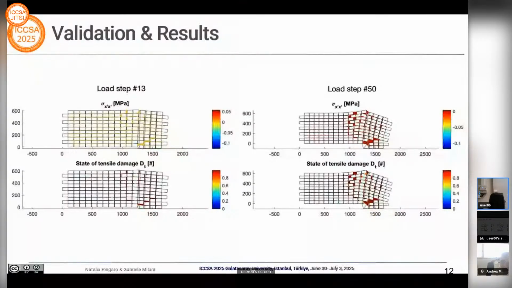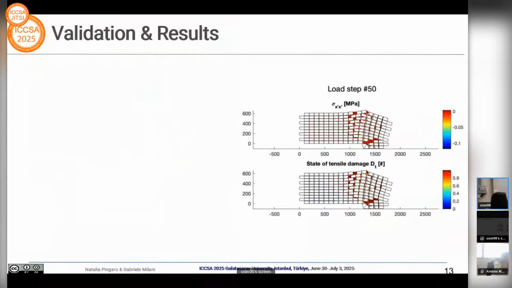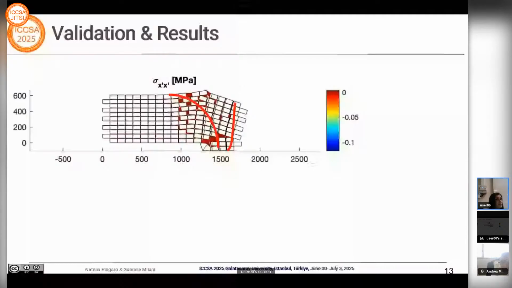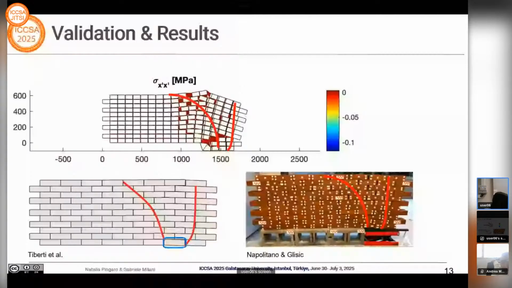Interesting to notice that at the beginning of the analysis, so basically at step 13, the damage is localized close to the application of the unit displacements, whereas at the end of the analysis, it is possible to notice the typical arcuate detachment that can be observed in a masonry wall subjected to soil settlement, a feature that was also observed by Tiberti et al. within limit analysis approach and experimentally by Napolitano and Glisic.